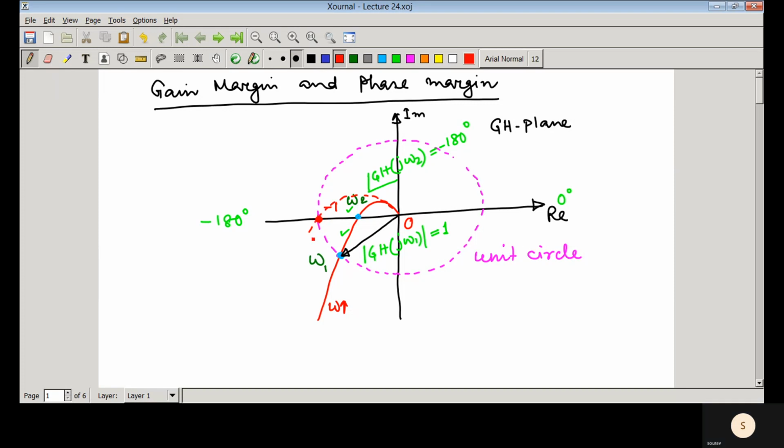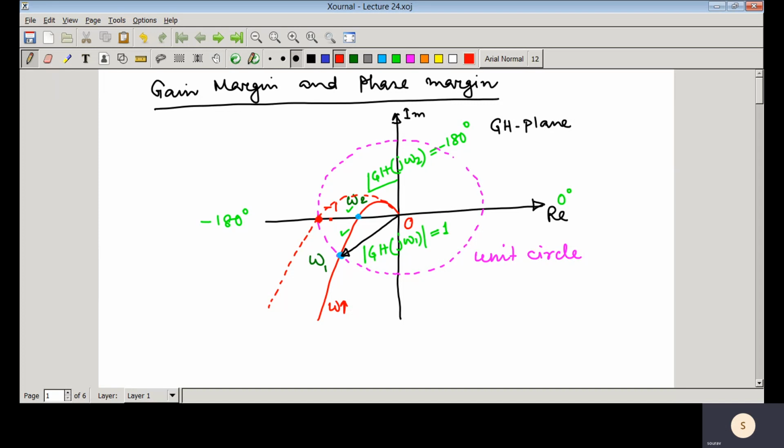If we increase the gain of the system, it would happen that at a particular value of the gain, the Nyquist plot would pass through the critical point. Whenever it passes through the critical point, it indicates that the system would be on the verge of instability.